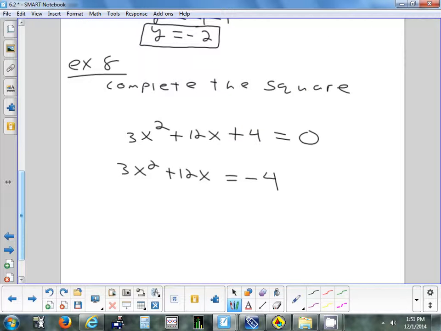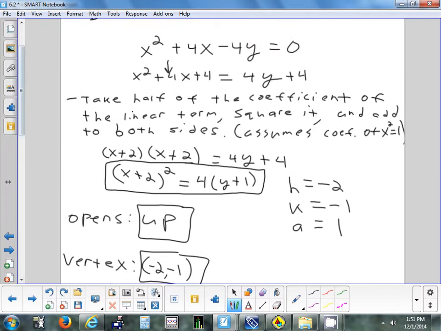What did I say the coefficient of x squared had to be? If you're going to complete the square, can it be a 3? It has to be a 1.